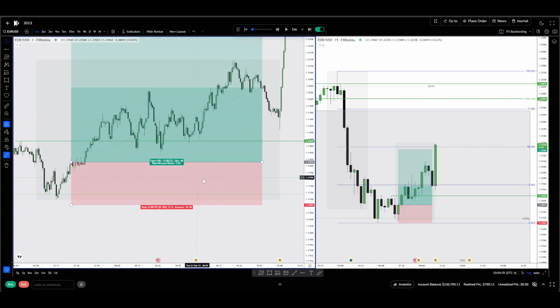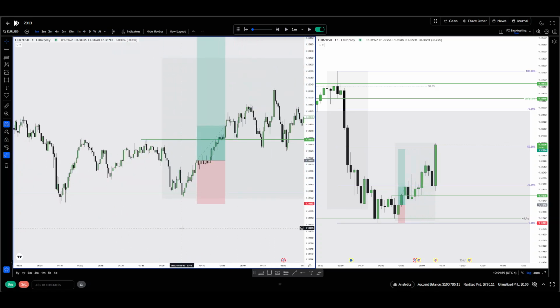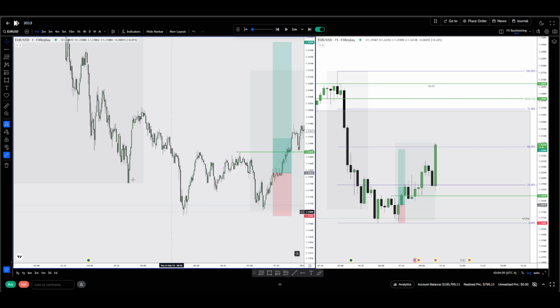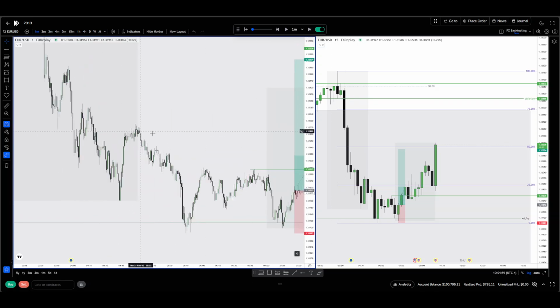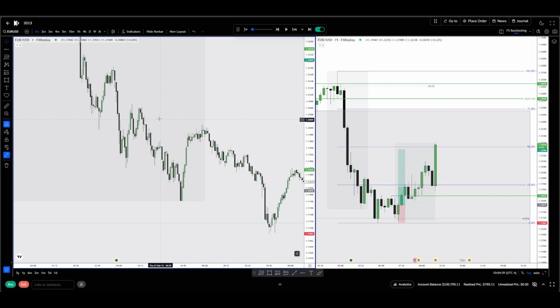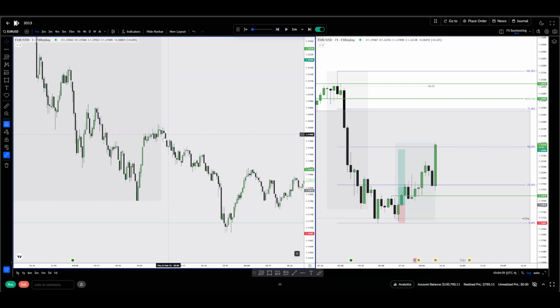So I was early every time here, especially somewhere where I saw a break of structure. I was too early because I had no proof that this whole low would hold. I only had displacement above this high.